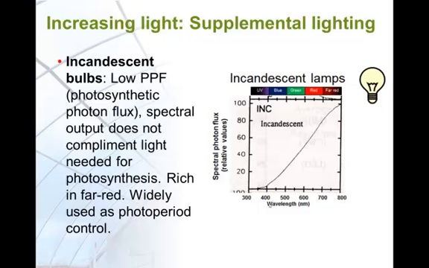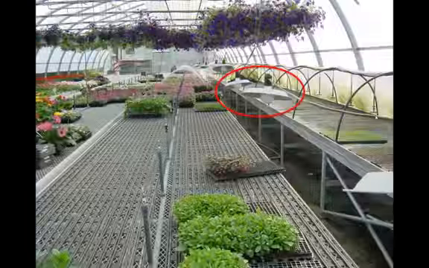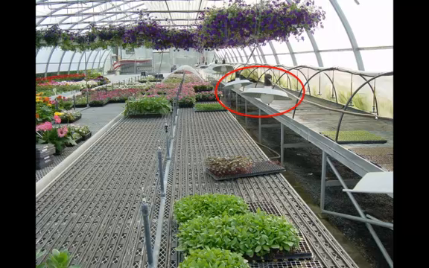However, because of the energy inefficiency, we need to develop something to replace incandescent lamps, and some companies already developed replacement lamps based on light emitting diodes, LEDs. And this is incandescent lamps installed in a floriculture greenhouse, of course, for flowering control.